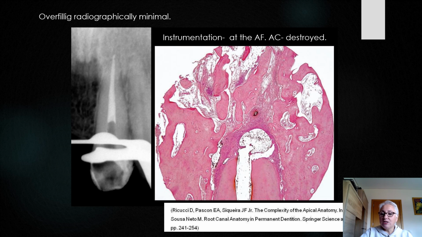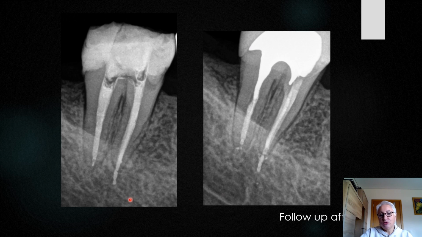So if I ask you what is better, to put a small amount of sealer or to do a big over-obturation of the gutta-percha point, I think you will answer, of course, maybe the sealer.